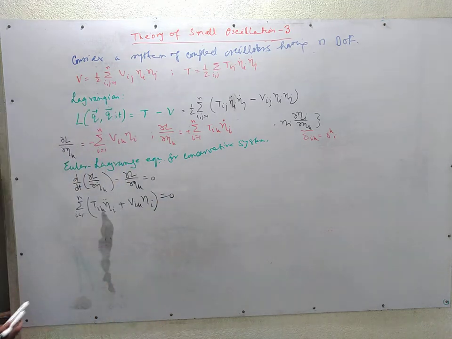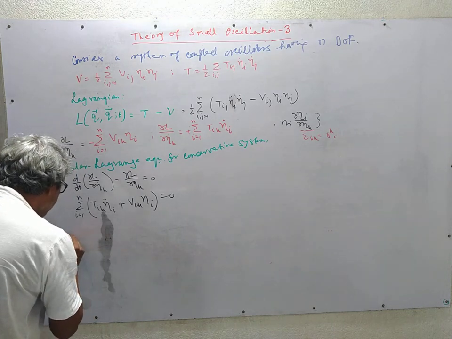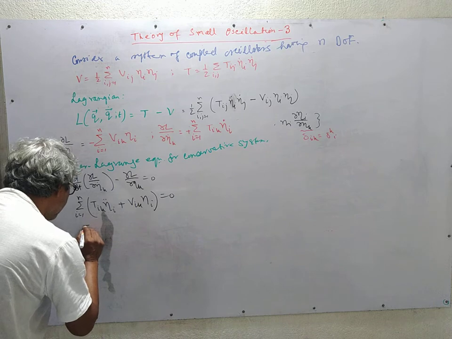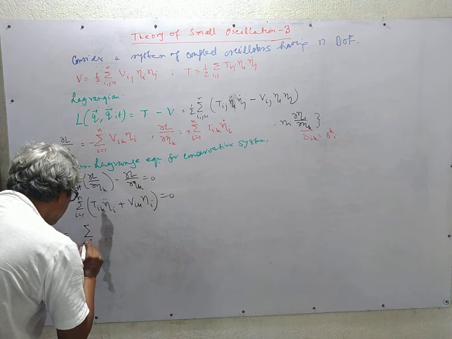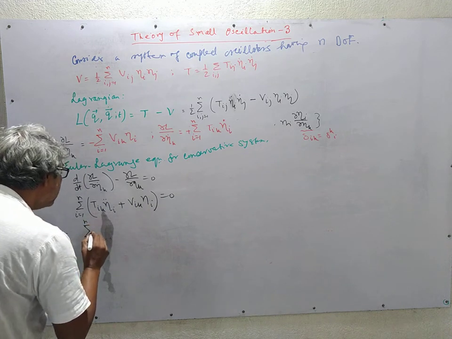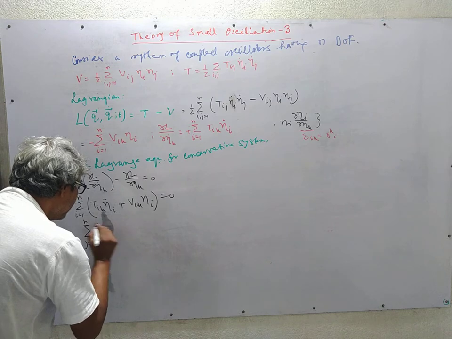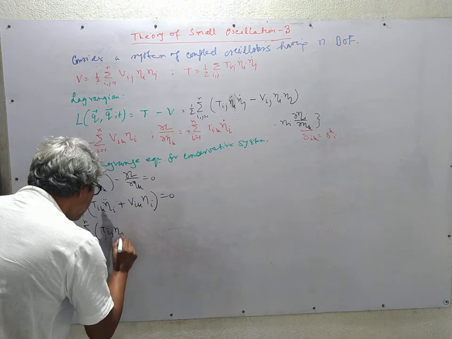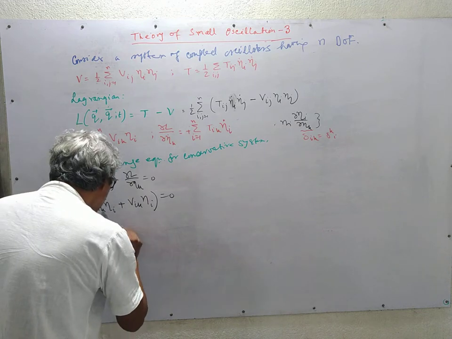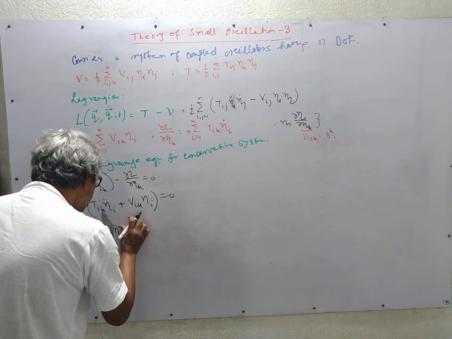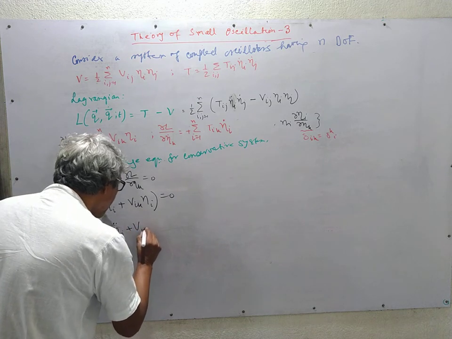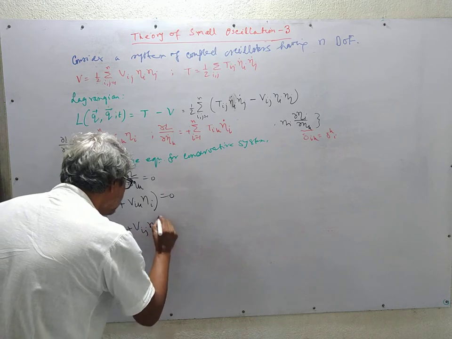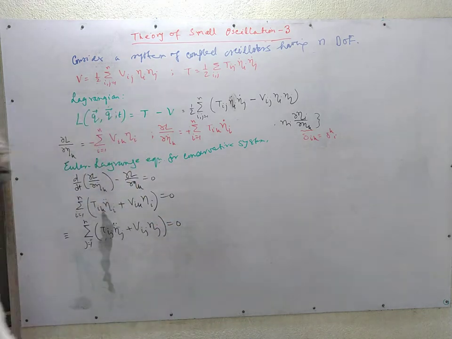If we rewrite this subscript suitably, it can equivalently be written as summation over j equal to 1 to n, T_ij η_j double dot plus V_ij η_j is equal to 0.